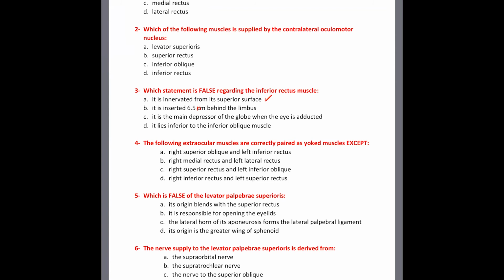Yes, true. C, it is the main depressor of the globe when the eye is adducted. Don't know yet. It's false. I need to learn it. False. No, this is easy. No, it's not.